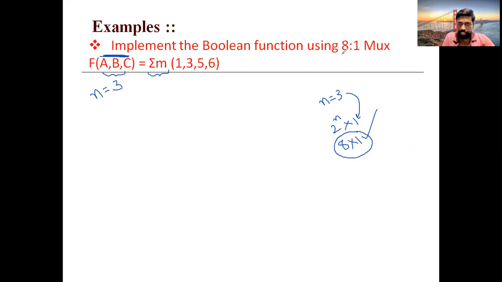Yes, they asked the same multiplexer, 8 into 1. So the asked multiplexer satisfies the given condition, n equal to 3, which needs an 8 into 1 multiplexer. No problem for us.